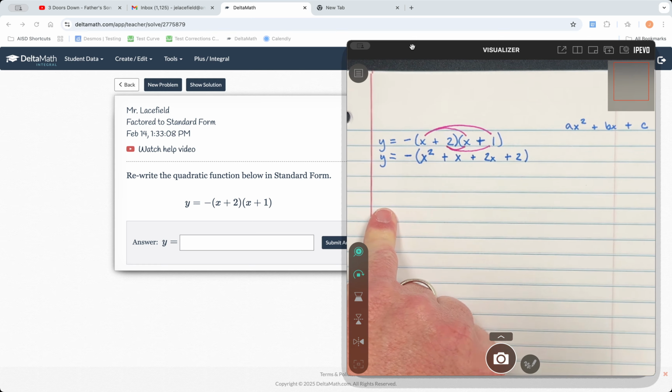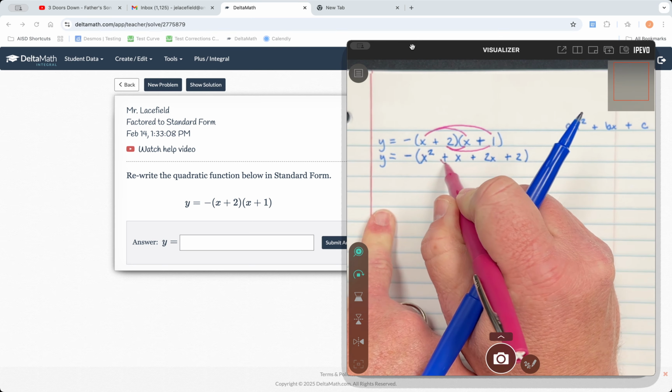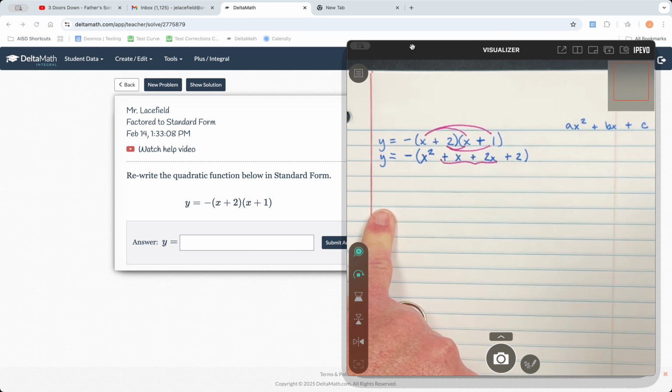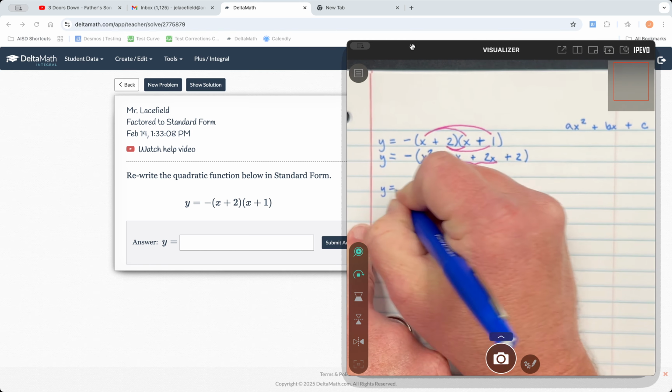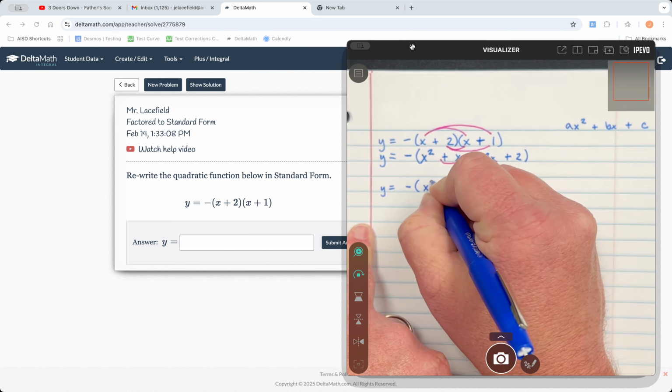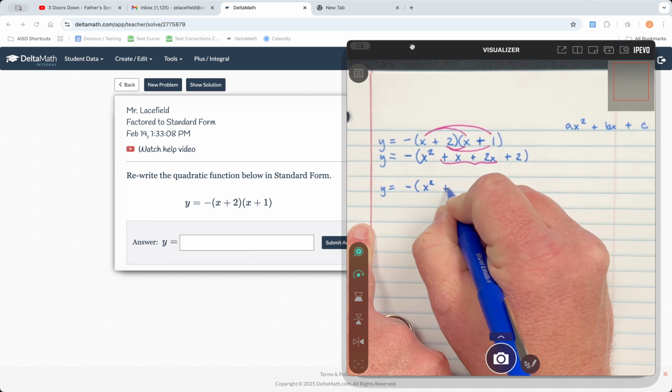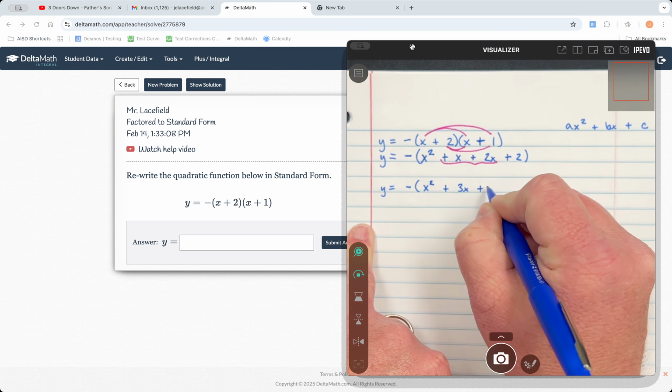Okay. What I'm going to do first before I worry about distributing is clean up this piece right here. This is going to give me y is equal to negative parentheses x squared plus 3x plus 2.